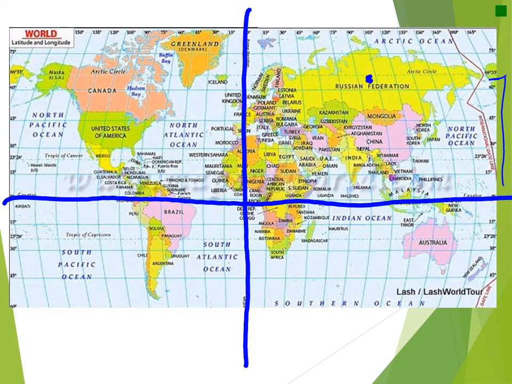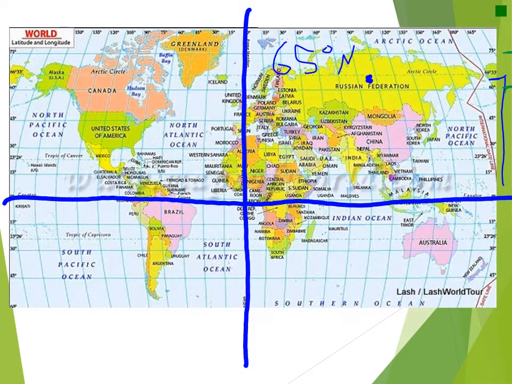If you can't see it, this right here is 60 degrees latitude, and this one is 75. So it's about a third of the way up, so I think we can say it's probably about 65 degrees north.